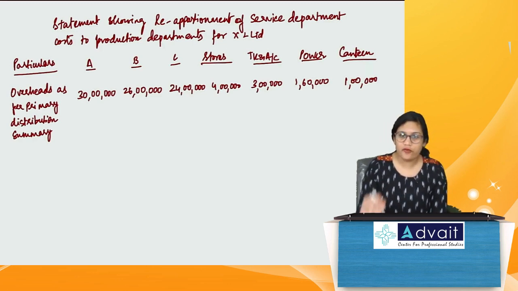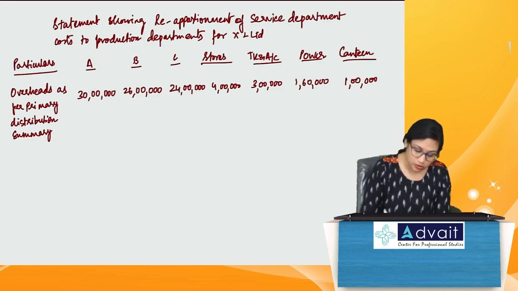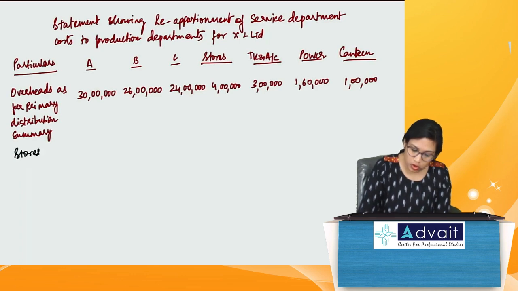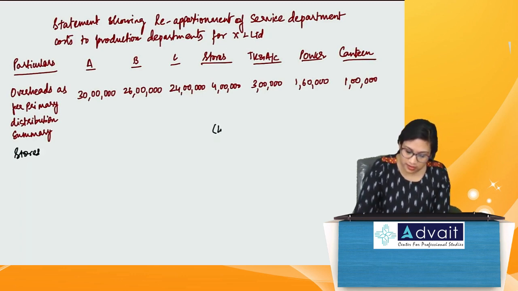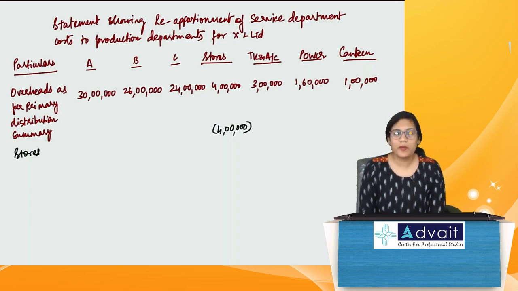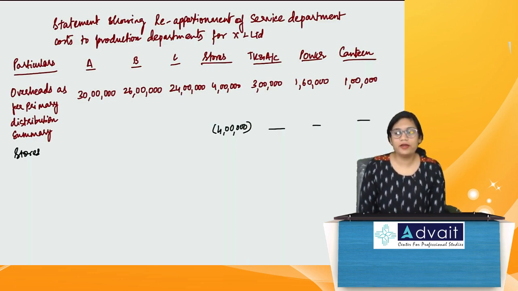So first we will take stores department. Let's make this minus 4 lakh. Stores is not going to give anything to the other service departments, but this 4 lakh has to be given to A, B and C.